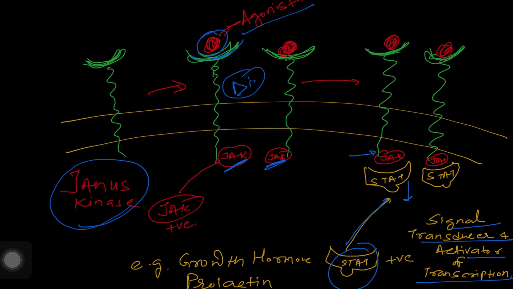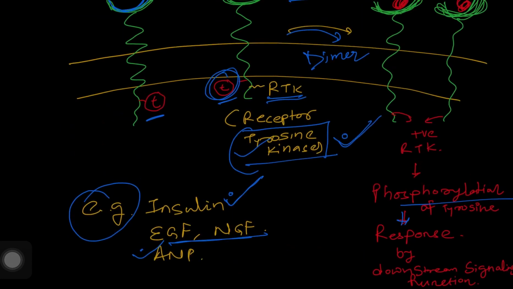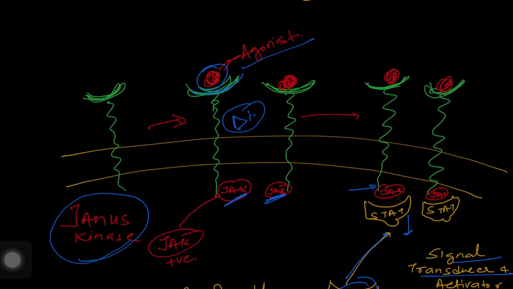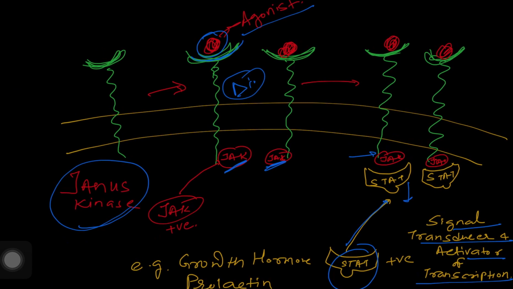So earlier, in the case of tyrosine kinase, there was only one enzyme involved, tyrosine kinase. Here Janus kinase is involved, but Janus kinase activates this STAT and produces its response. So there is an important mediator, the signal transducer and activator of transcription, and eventually by transcription it produces its response.